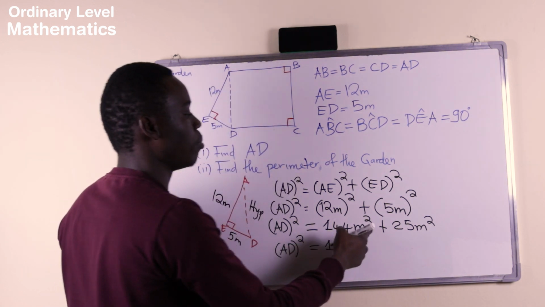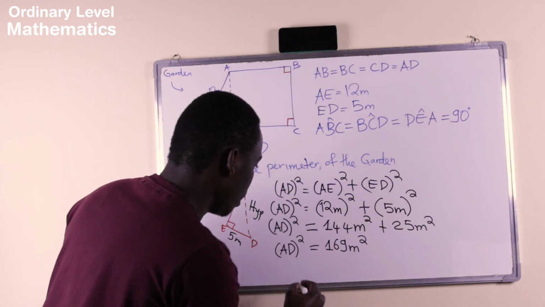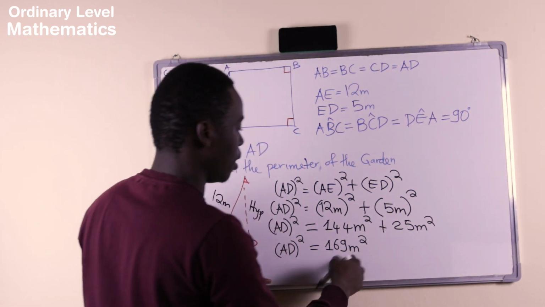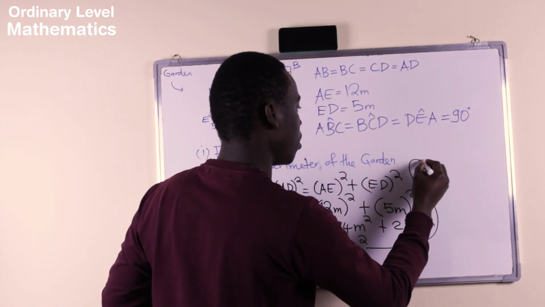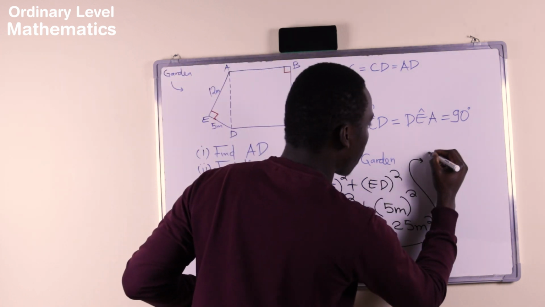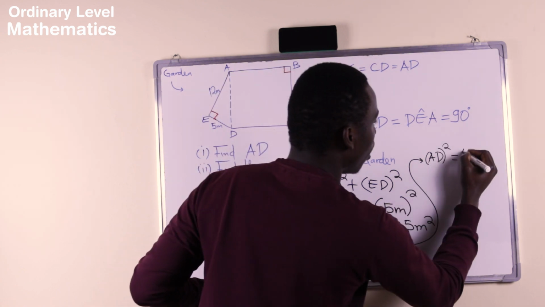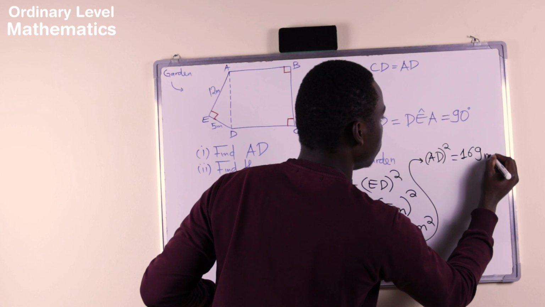You keep the meter squared because they have the same units. Then you find the square root of this side and that side. So I'll bring it right here. So this will be AD squared is equal to 169 meter squared.